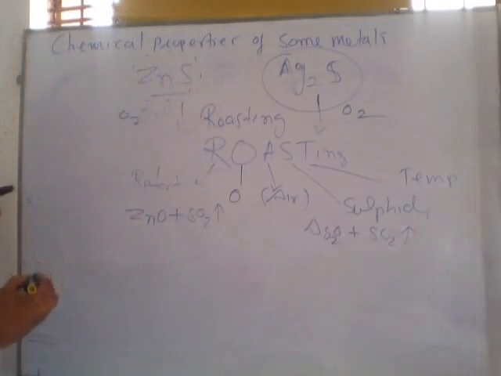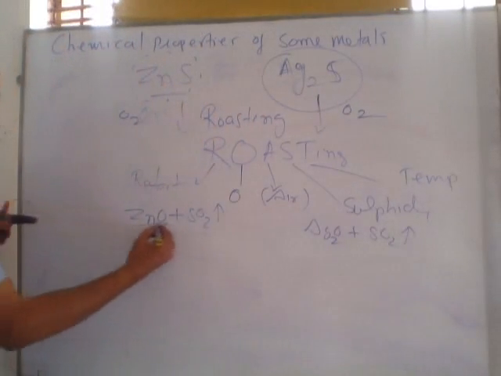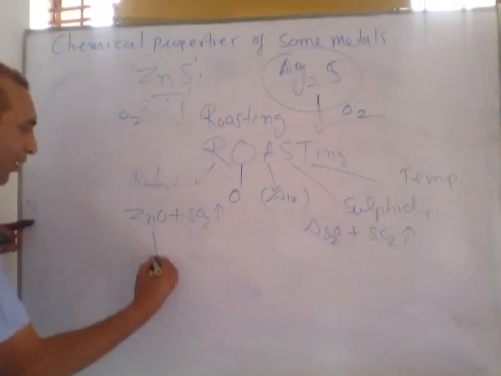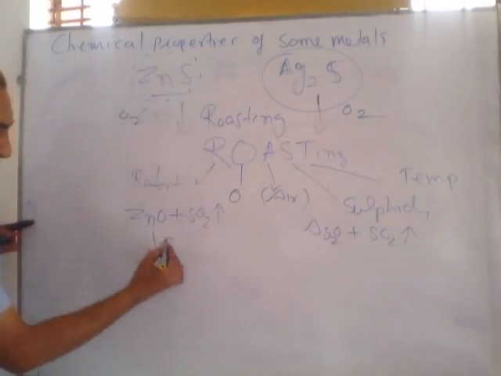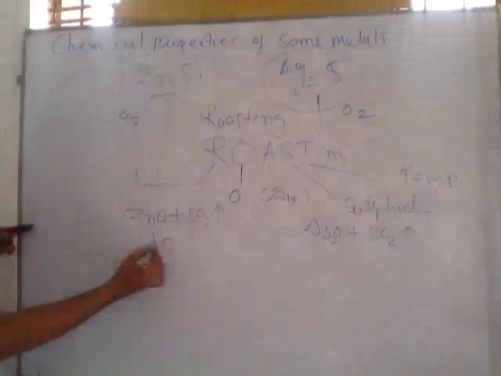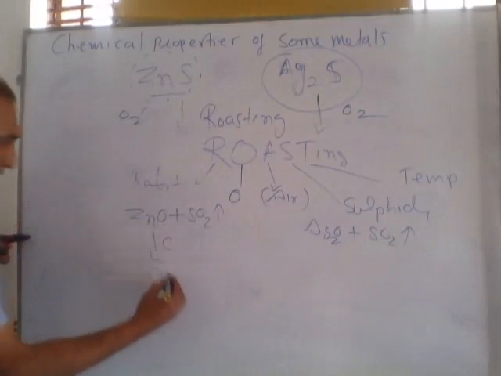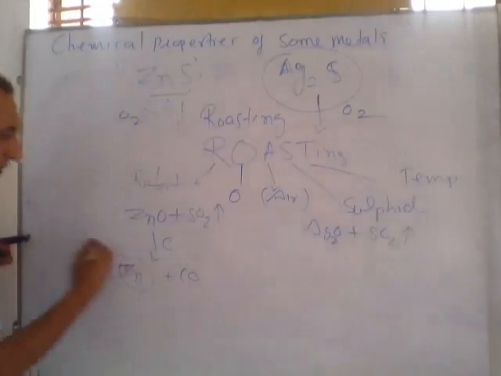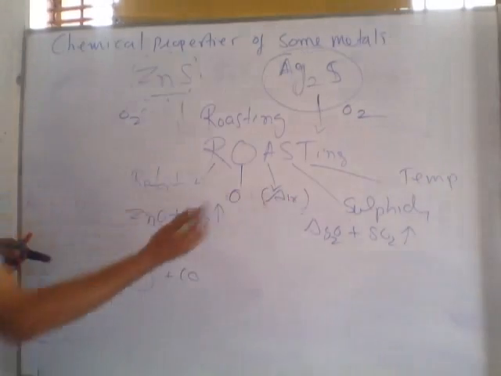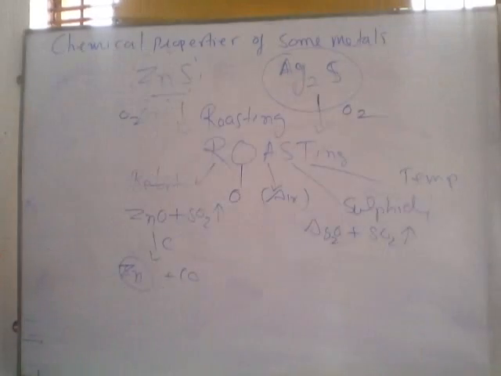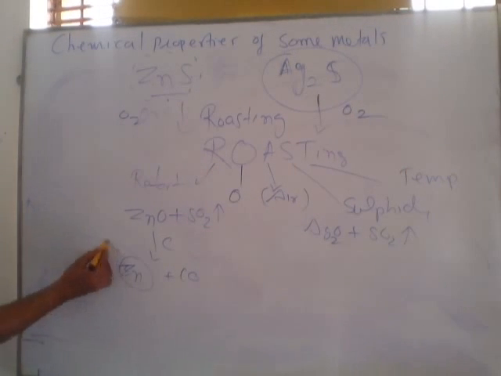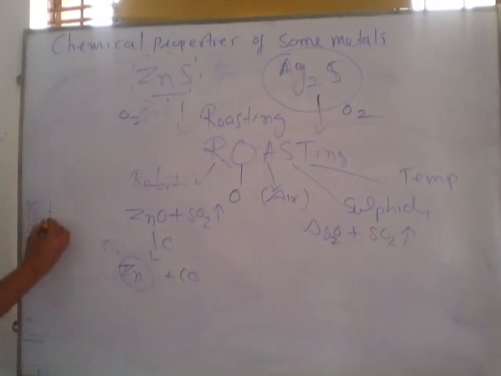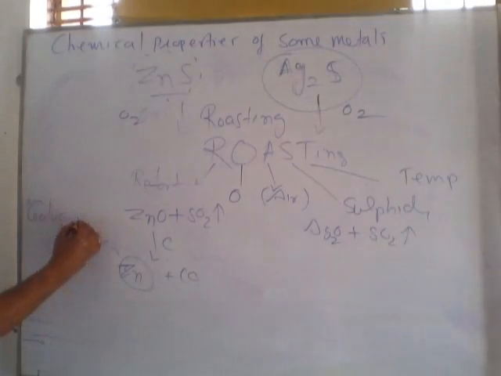If we want to remove the metal from this zinc oxide, otherwise silver oxide, we react this zinc oxide with carbon. Carbon is a good reducing agent. It forms CO and forms zinc. Similarly, this zinc metal is used in the galvanization process.